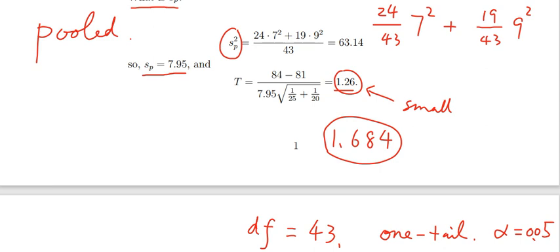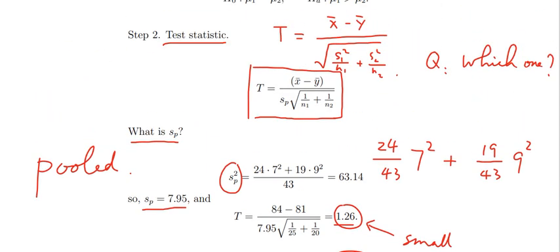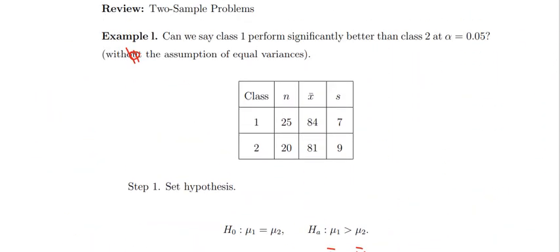So if this is a small number, we can say the difference is not so big, not so significant. So our conclusion is that for these two classes, the difference is small.